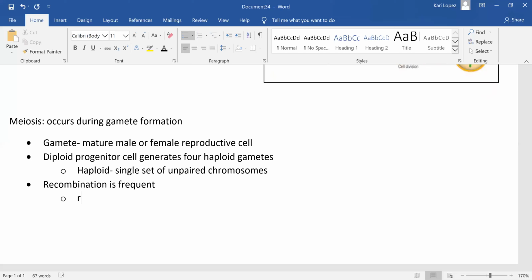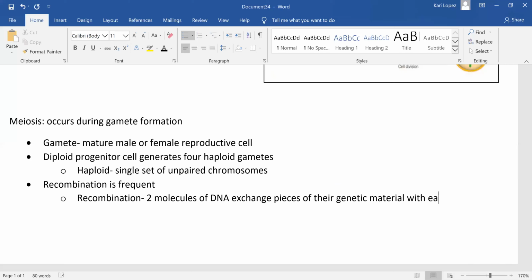Now, recombination, there are 2 definitions that I had for it, and I think the most basic one is going to be 2 molecules of DNA exchange pieces of their genetic material with each other. So I think we can just leave it at exchange pieces of their genetic material.